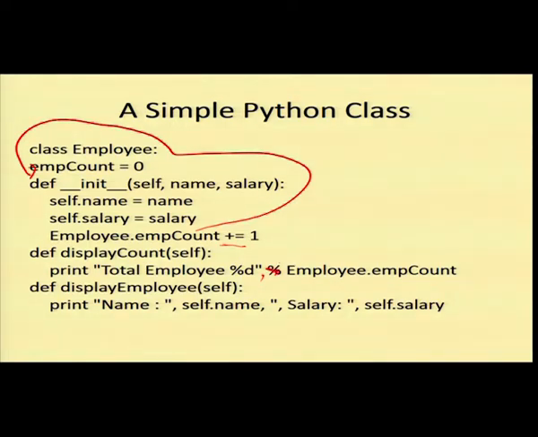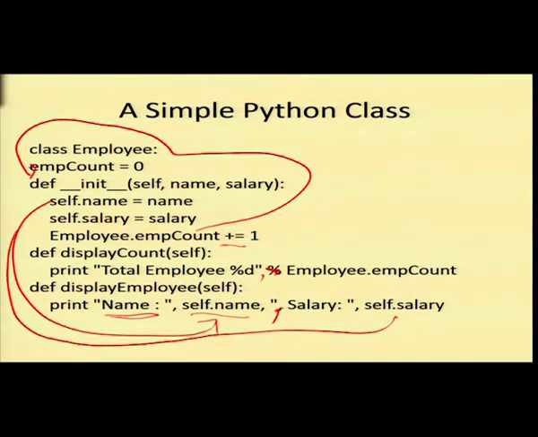How do I display? Print "Name:", close the quotes, which means this name will be printed, comma, self.name. From where will the value be obtained? We can get the value from this self.name, comma, open quotes. Okay, if you want you can have a comma, not an issue. "Salary:", close the quotes, comma, self.salary. From where will we get it?